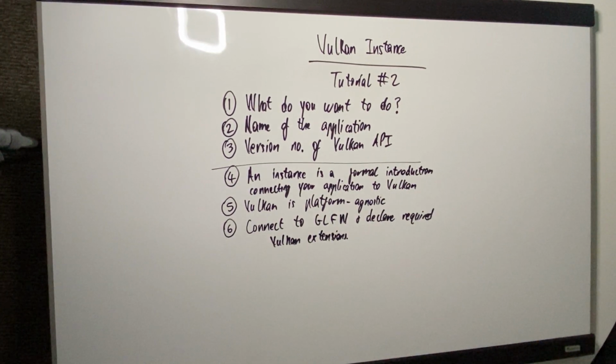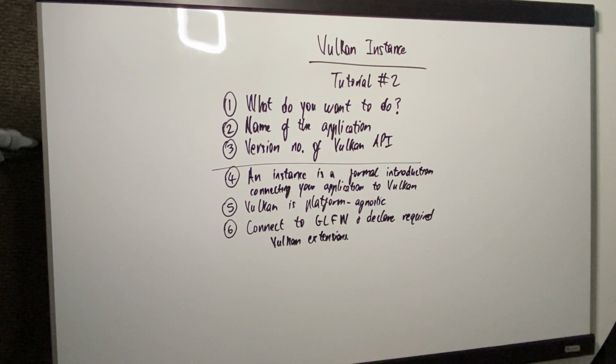So I mentioned in the previous discussion for tutorial number 1, which is installing Vulkan on a Windows machine, that GLFW is the actual windowing system that is used for presentation on the screen. So Vulkan does all the hard work in the background, but eventually you're going to have to present your creation in a computer graphics application to the screen.